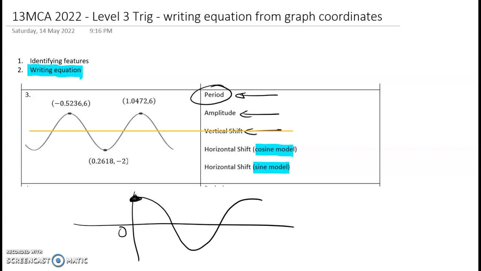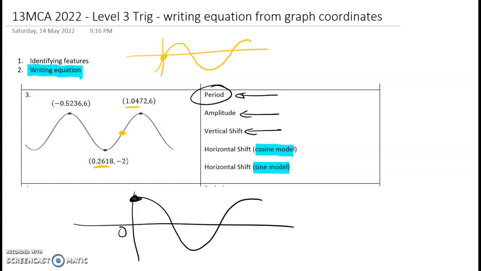It's about the halfway point. I really need to draw this better. Let's just try again. This value here is the minimum and this is the maximum. The starting point of the sine curve needs to be halfway between those two values.